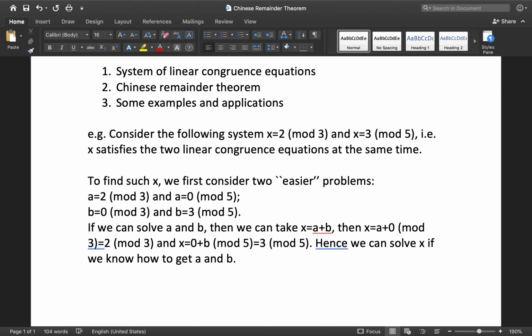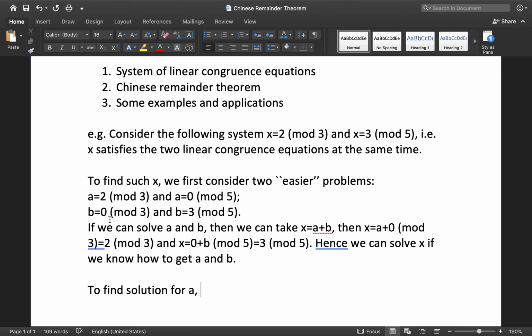Now, to find, for example, the solution for a. Actually, a and b are very similar. Once you understand the method in solving a, you should be able to do it for the case of b.